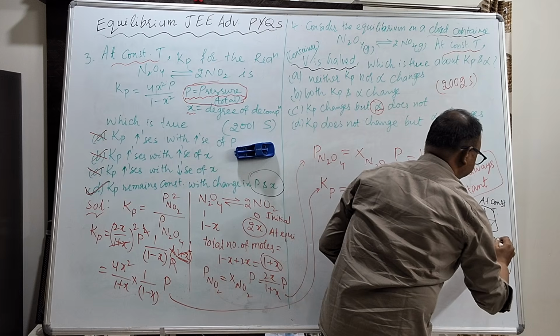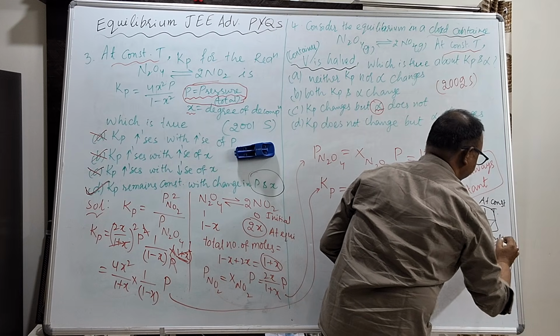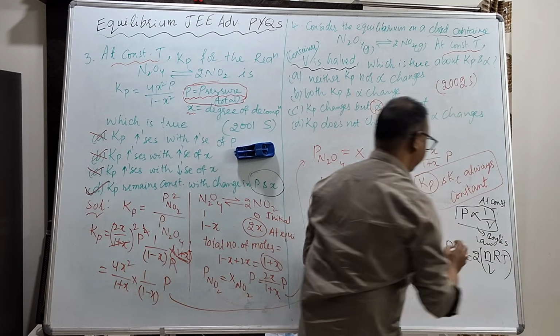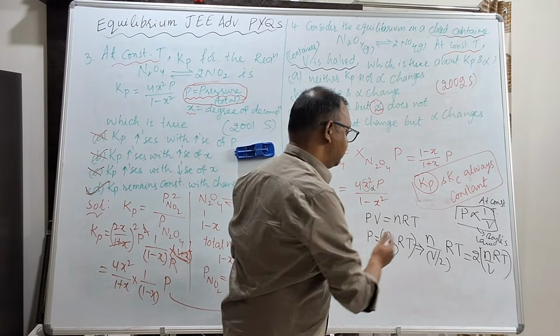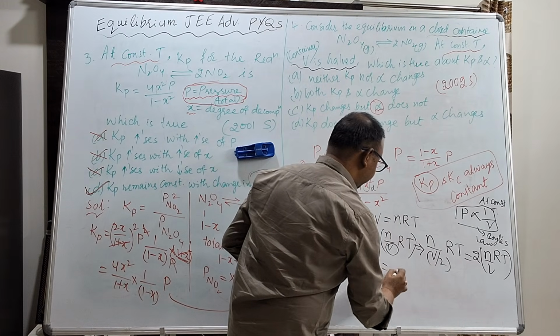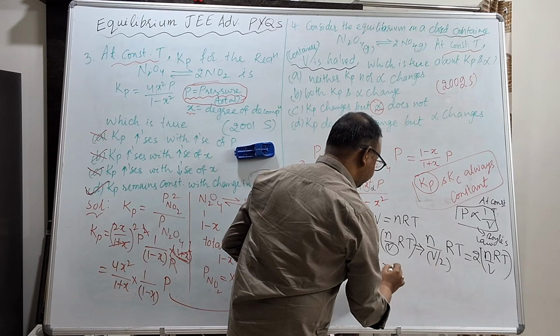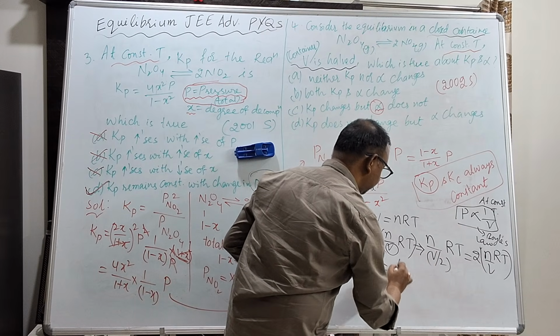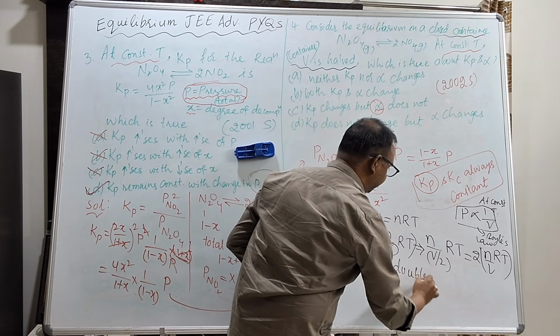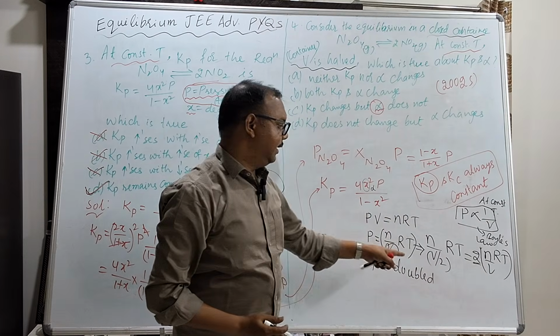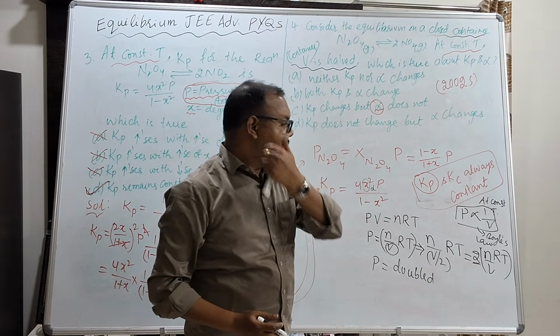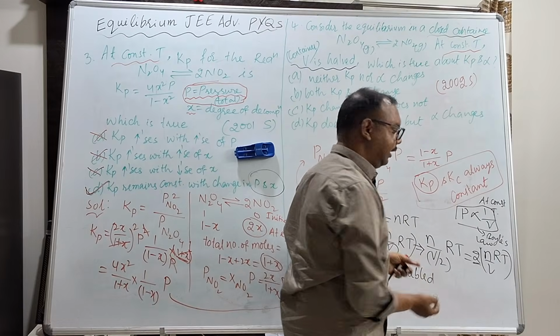We know that very well. Understand? Keep that in mind. Therefore, when the volume is halved, pressure becomes doubled, 2 times the original value. Pressure is doubled when the volume is halved.